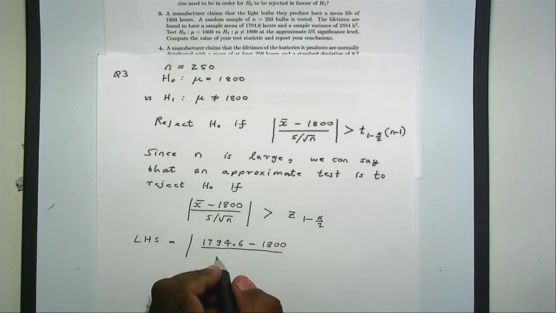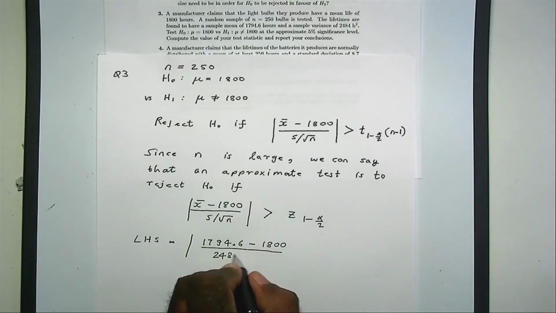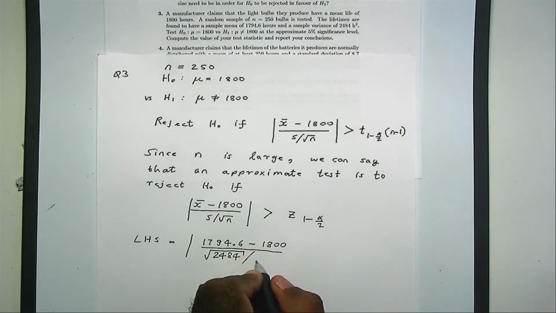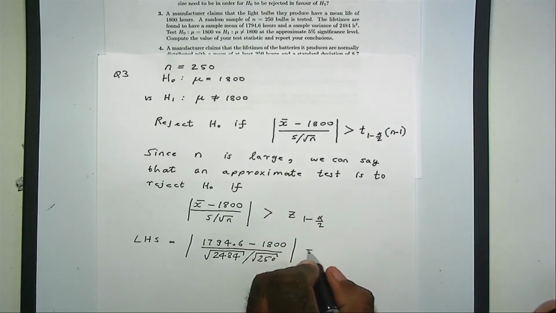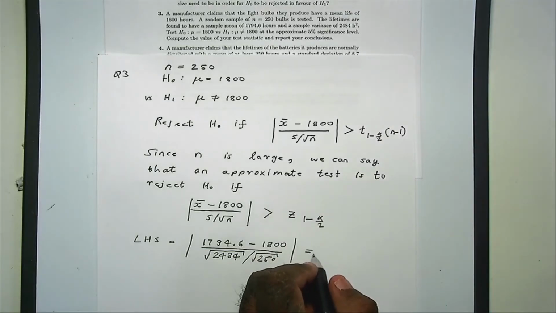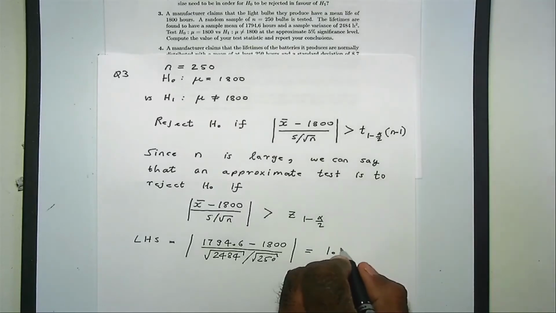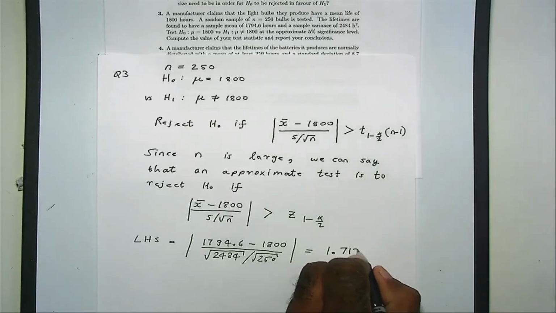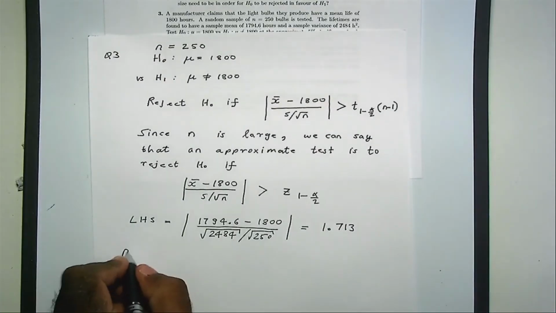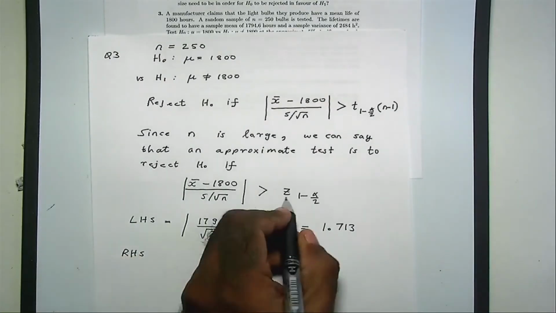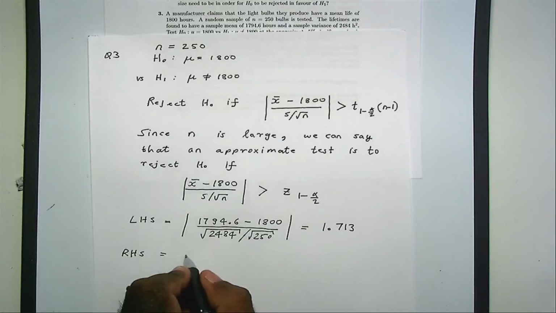S is the square root of the sample variance, which is square root of 2484, and divided by the square root of the sample size, 250. If you work this out, it will be 1.713 approximately.